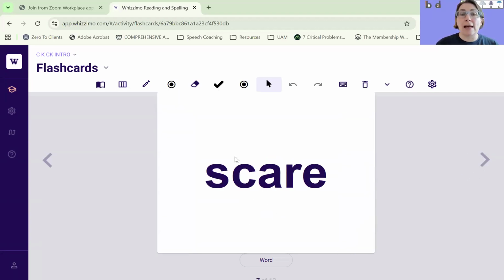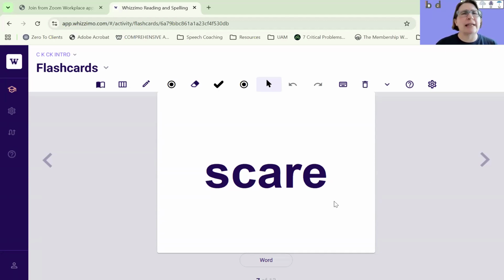This word has the letter C and our sound in the middle of the word. But if we look, we can see the vowel A is the next letter. So again, we hear the sound, our next letter is the vowel A, we're going to use a C. And this word is scare, like don't scare your sister.